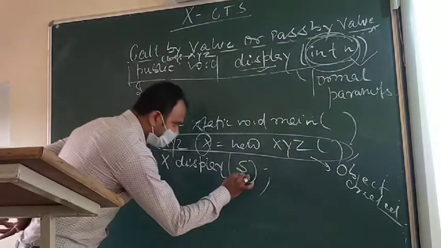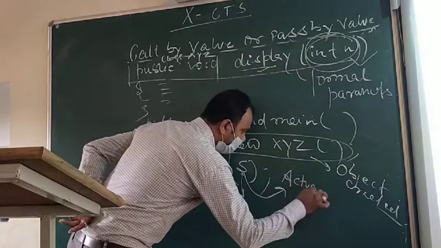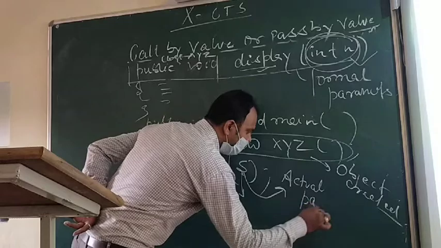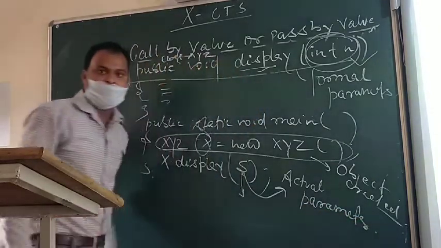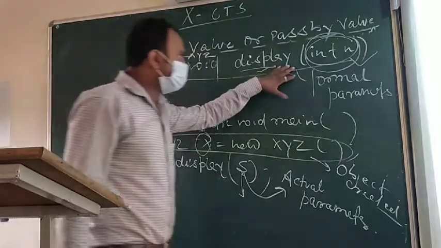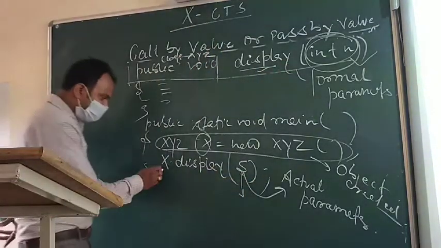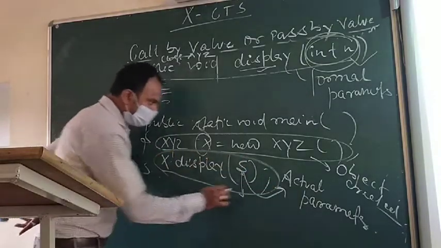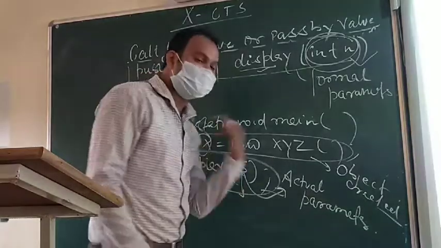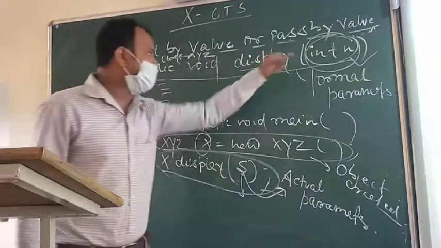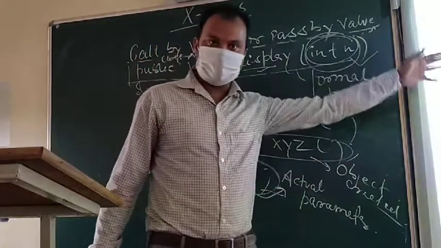See, this 5 is called actual parameter. So formal parameter receives the value of actual parameter. This is our actual parameter. Formal parameter receives the value of actual parameter in such a way that any change made. Now, I'll give another example here live also.